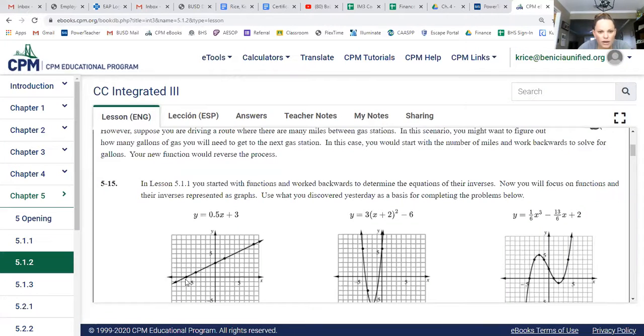We have the point -6, 0, -4, 1. We have this point here at 0, 3. We have the point 2, 4. So again, I'm just putting these in a table. Then we have the point 8, 7.